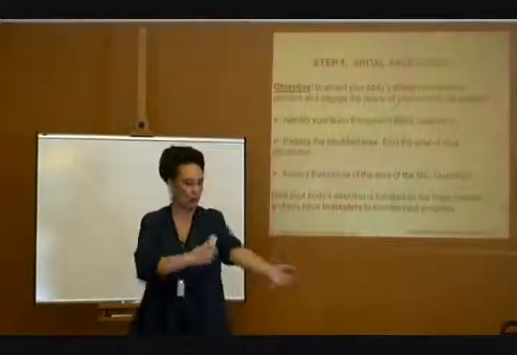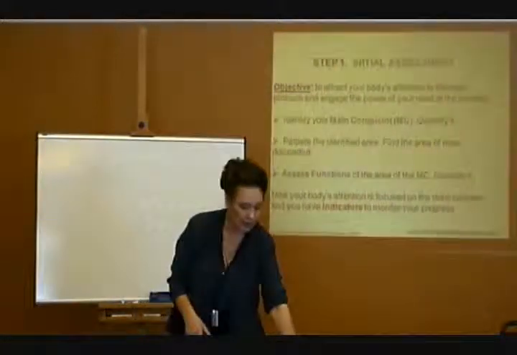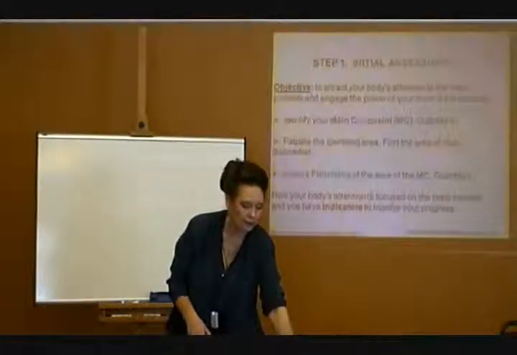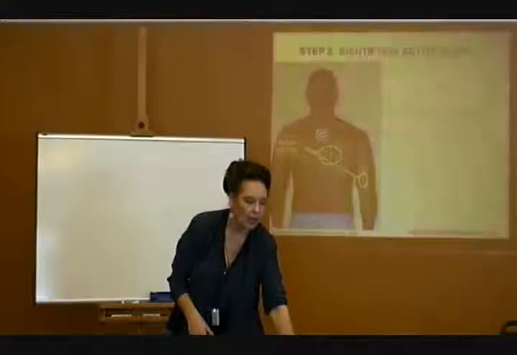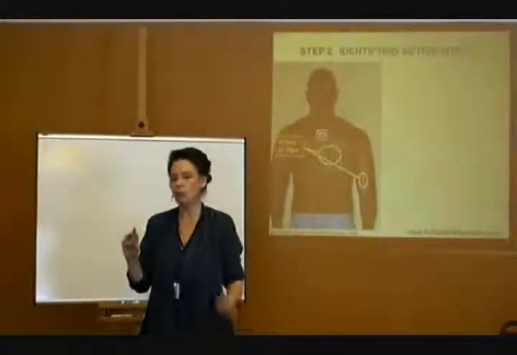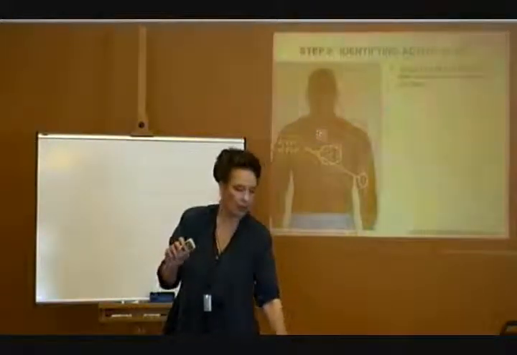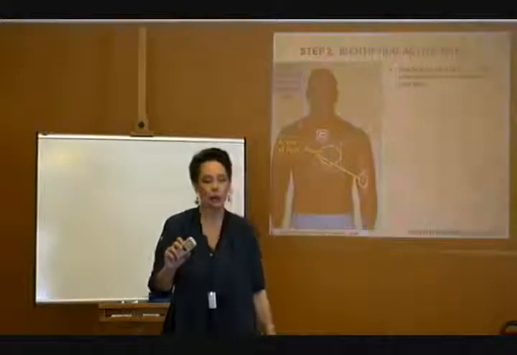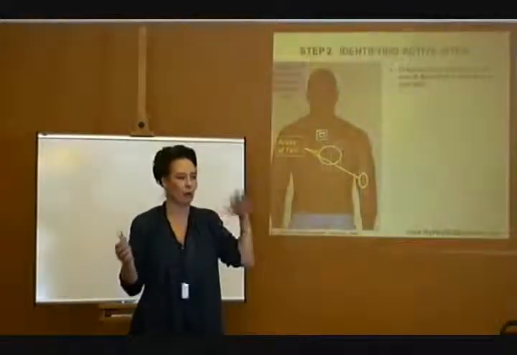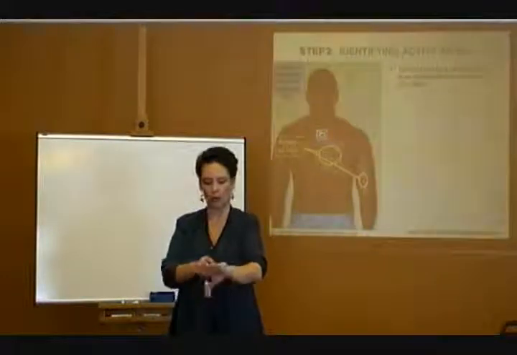Okay, so now you have it. Now you know the place, now you know the initial condition. Let's start looking for our active sites. What you want to do, you want to set the energy level of your machine to be not too high. And we usually prefer to establish it in an area somewhere away from the area that you are working on. Let's say I'm doing it on my wrist.